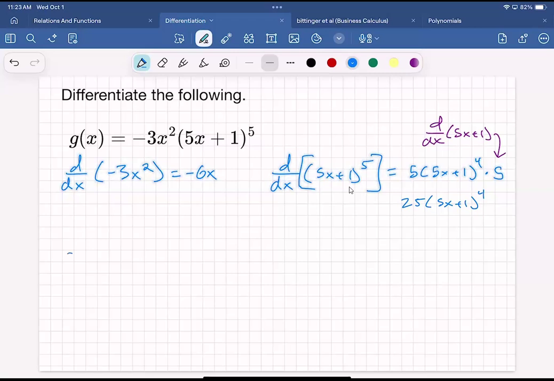So as we go down here, I'm now trying to find the derivative of the whole function, g prime of x. So we're going to do first times the derivative of the second, plus second times the derivative of the first.